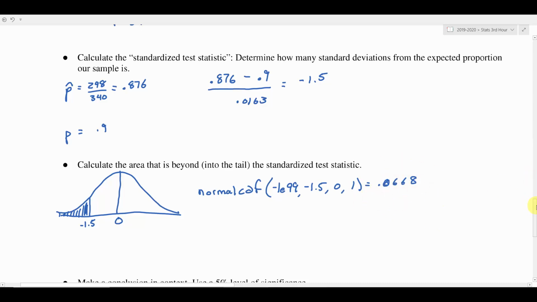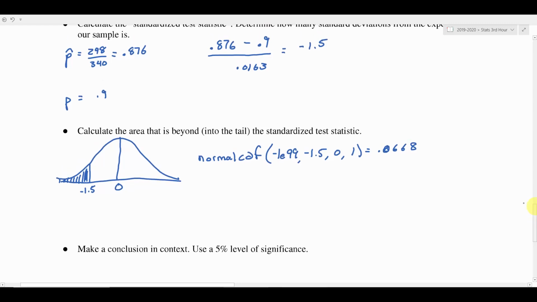So with that is the probability of getting 1.5 standard deviations to the left, or in other words, the probability of getting this when we assume this is true, right? The probability of getting 0.876 if we were assuming that 0.9 was true. And we want to take that, that's our p-value, right? So our p-value is equal to 0.0668, and we want to compare our p-value to the level of significance being 5%.